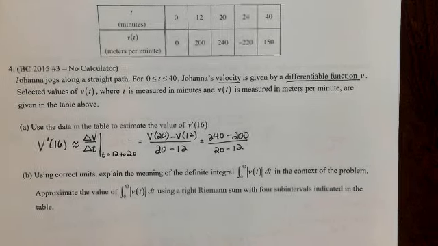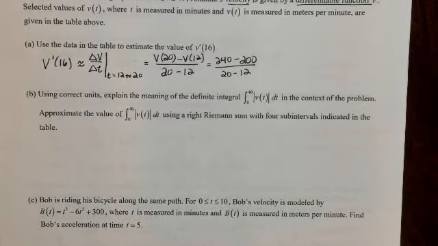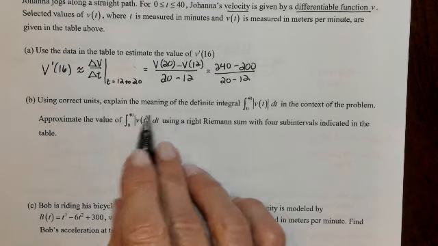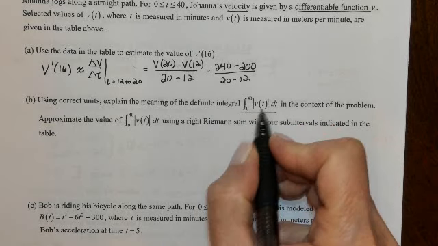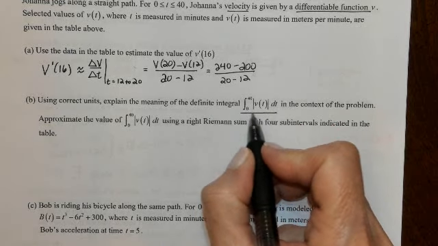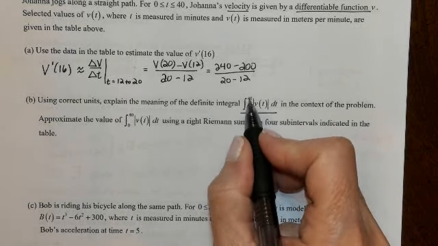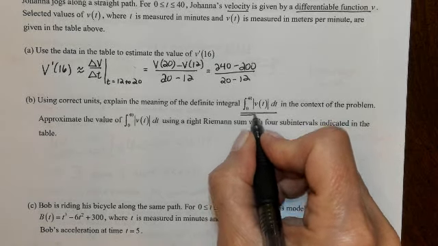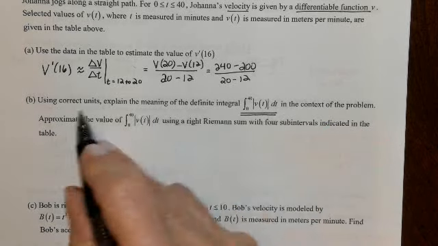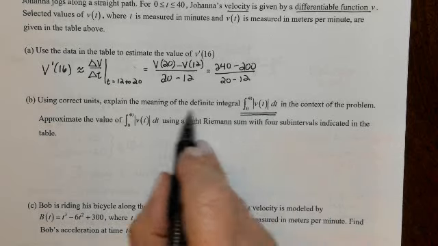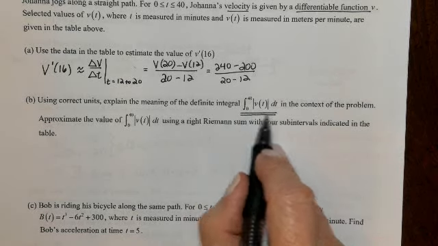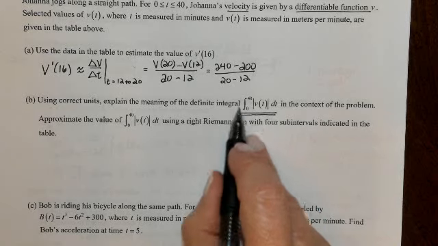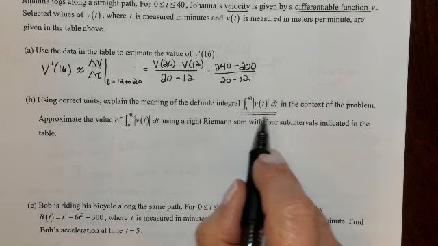Okay? Part B. Using correct units, explain the meaning of the definite integral, the integral of the absolute value of velocity from 0 to 40. This goes back to our study of horizontal and vertical motion, as well as particle motion.